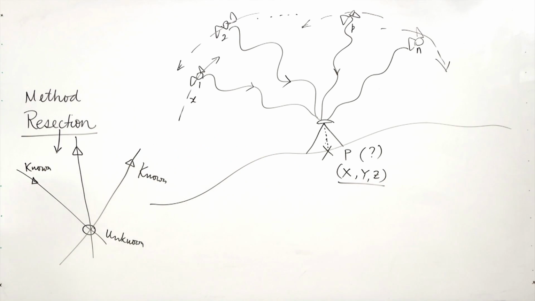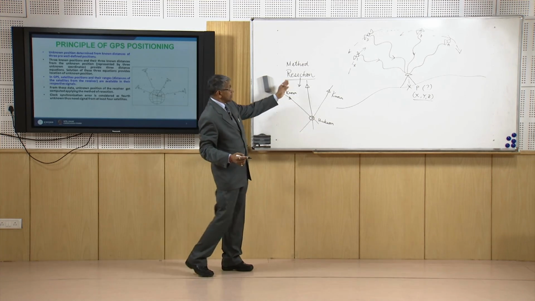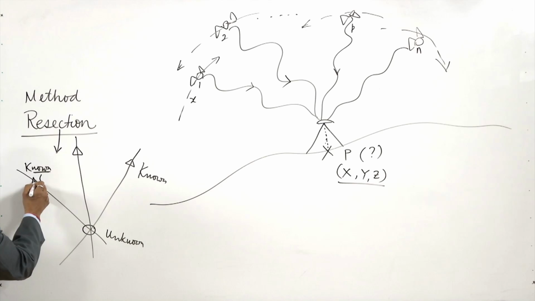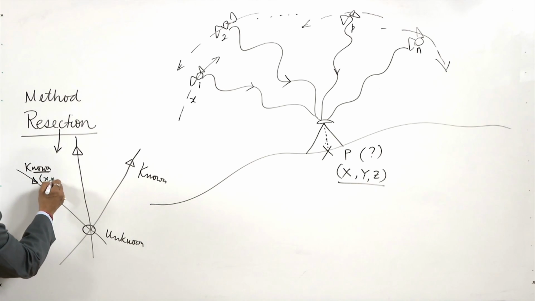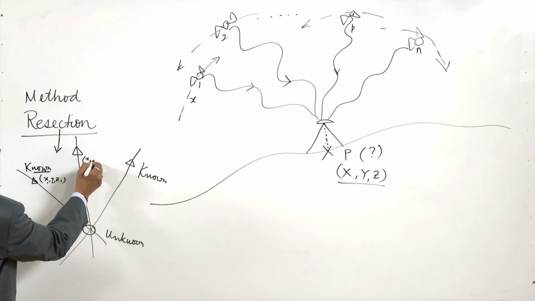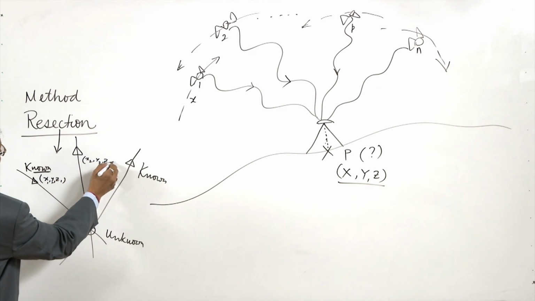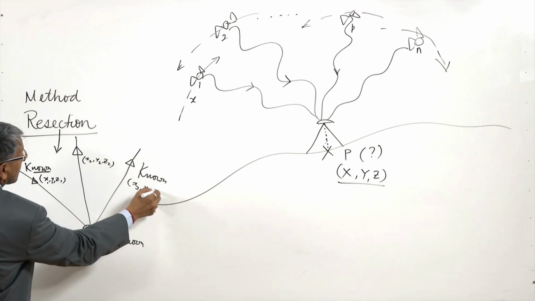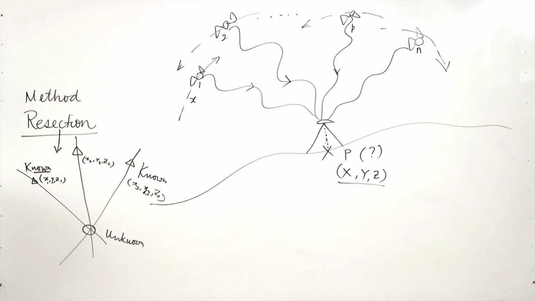Anyway, in the method of resection we need to know the location of these points, means we need to know the coordinates of these points, x2, y2, z2, x3, y3, z3, and we are drawing these lines, that is the graphical method.